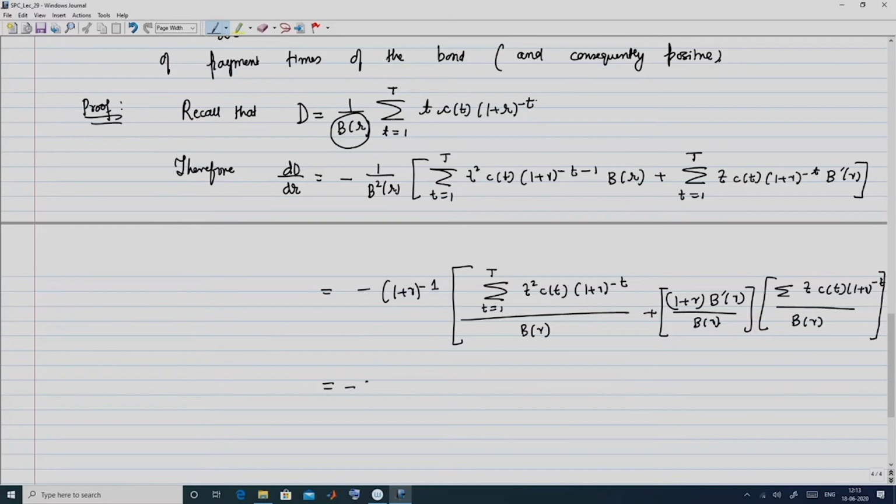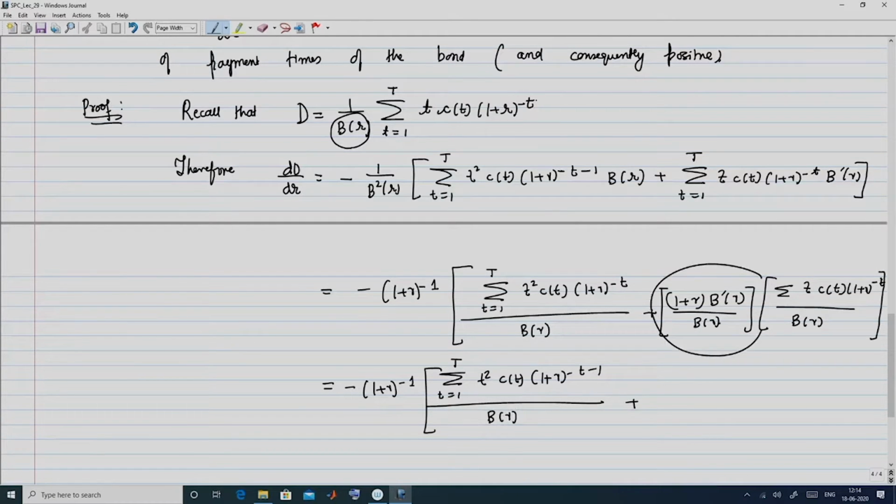And this becomes minus of 1 plus r raised to minus 1 within bracket summation t square c of t into 1 plus r raised to minus t minus 1 over B of r, plus this is by definition minus of D and this by definition is just D.